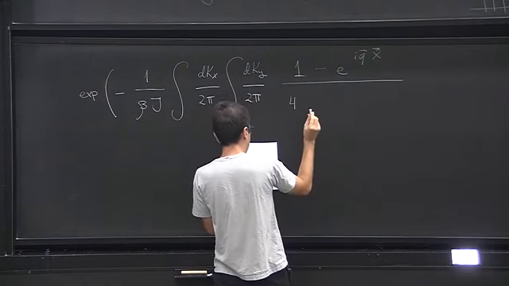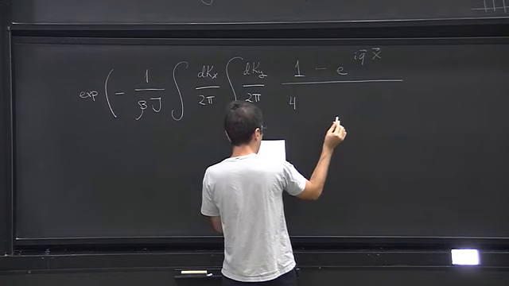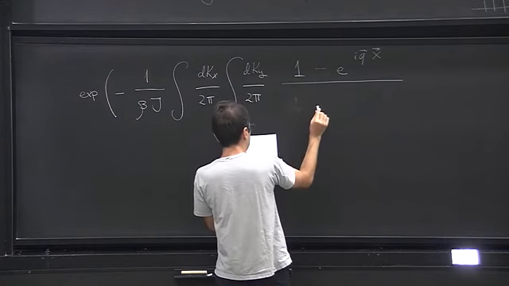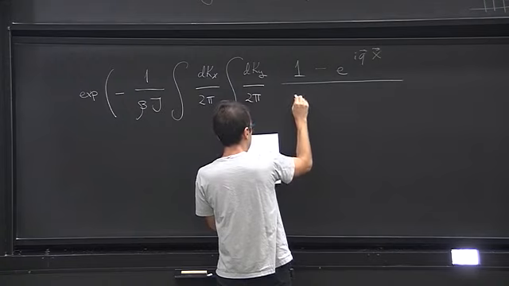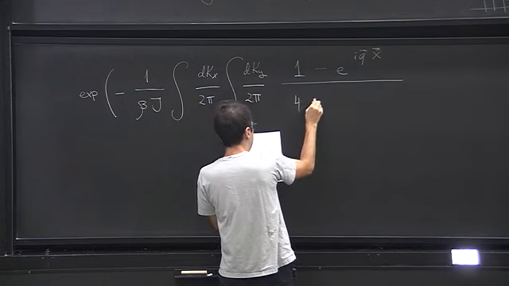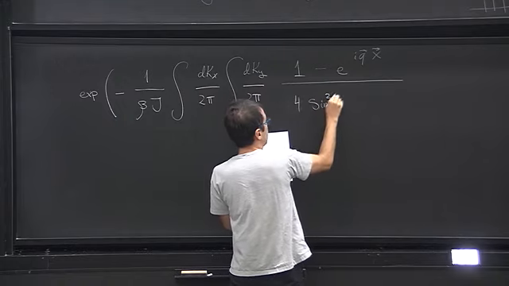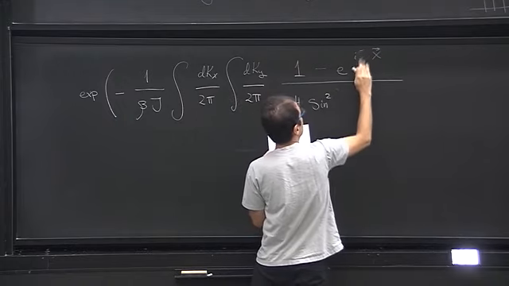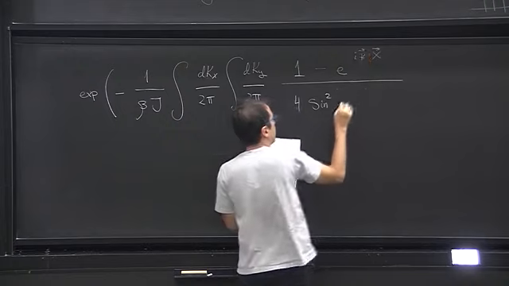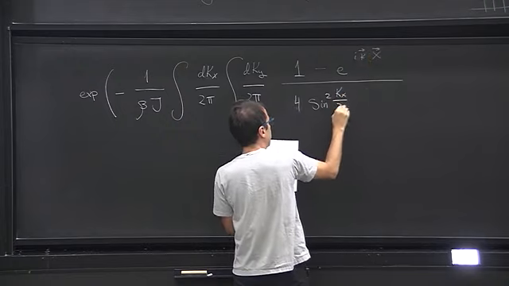One of them I leave as is, sine squared of kx over 2.